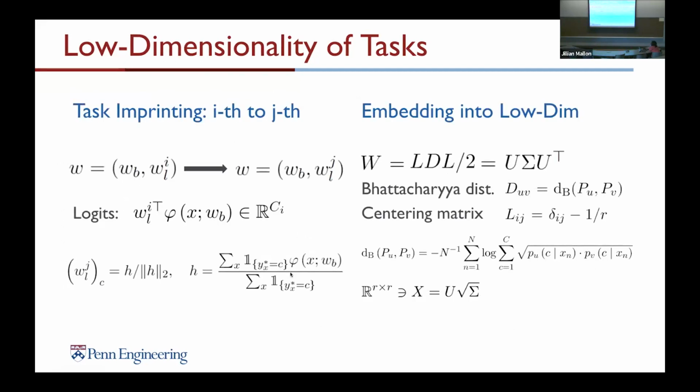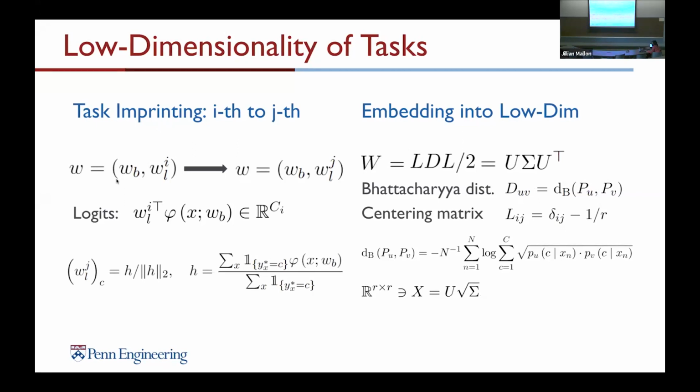After we gather all the tasks, they still have different numbers of categories, right? So in order to utilize them jointly, we derive a task imprinting method, such that we can imprint from one task to another.